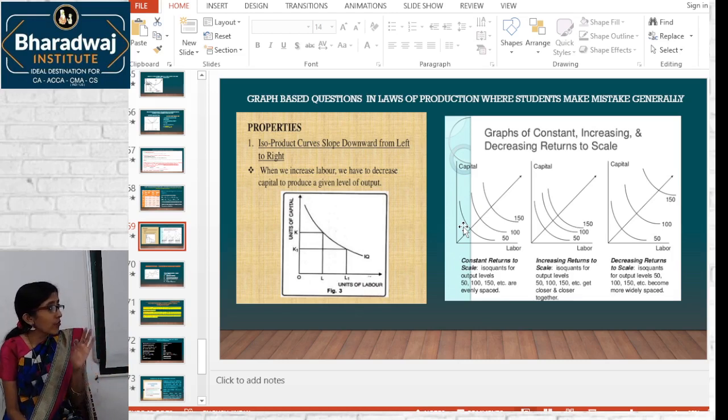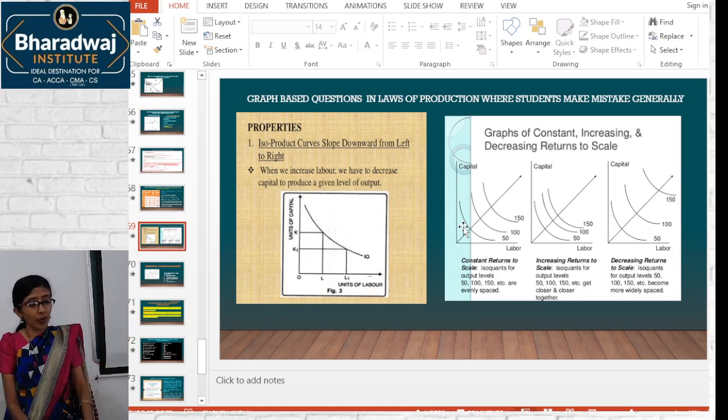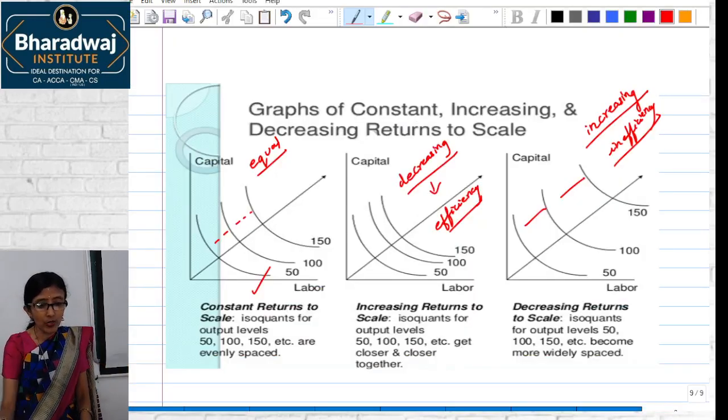So this answer is false. It is not just examining factor proportion. It is studying the impact on output as a result of changes in the factor proportion. See, in the class I was telling you this.